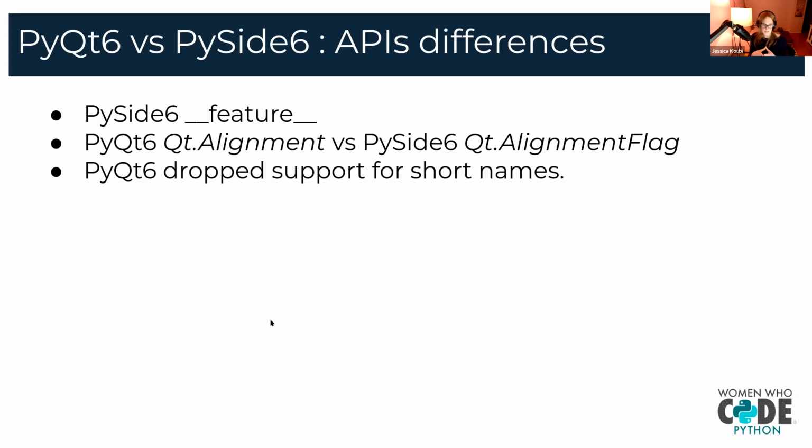PySide 6 is more backward compatible and has a few more features as well. One that PySide 6 has, but PyQt 6 doesn't, is the feature flag, which, if you enable it, lets you make your code a bit more Pythonic, with snake case variable names, as well as the ability to assign and access properties directly, rather than using getter and setter functions.